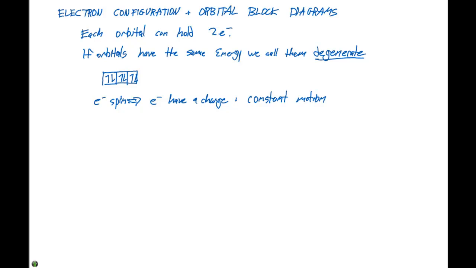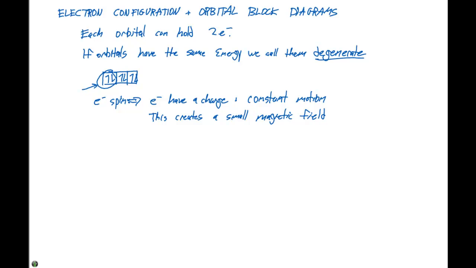So we have 2 negatively charged particles in constant motion, and this creates a small magnetic field. And we can say that if we have 2 electrons and they're really close together in the same space, they're going to do everything they can to minimize the amount of repulsion.